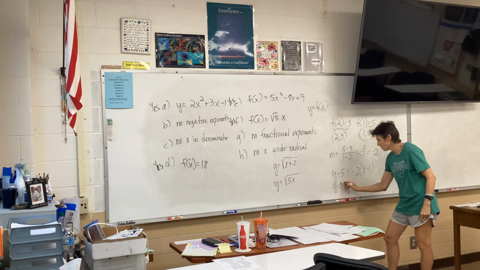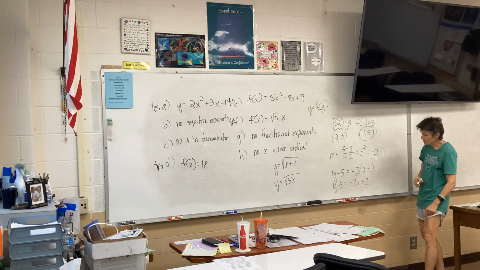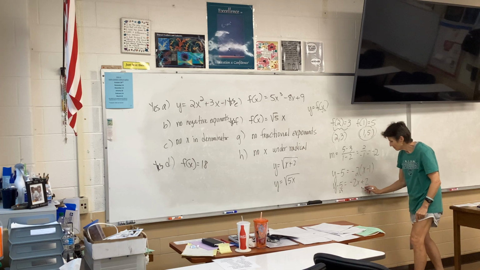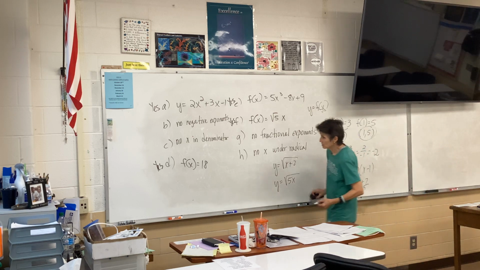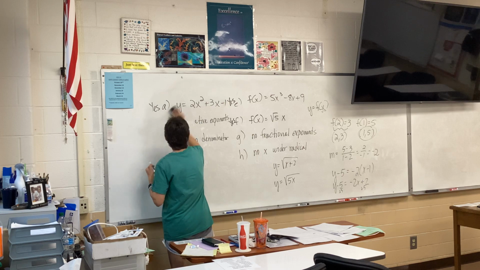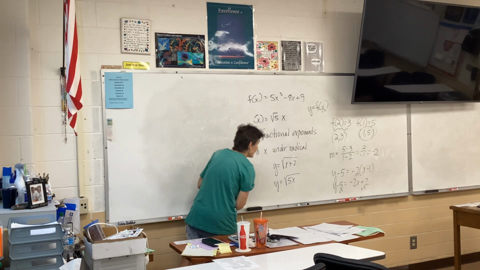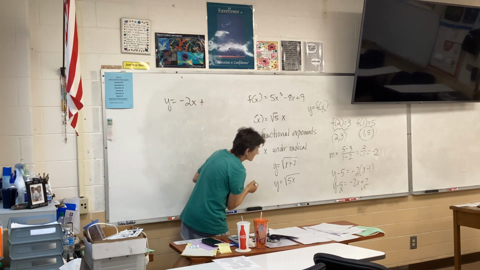So y minus 5 equals negative 2x plus 2 if I do the distributive property. And then I'll go ahead and add the 5. So it looks like my answer is y equals negative 2x plus 7.